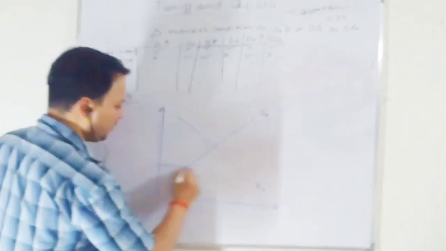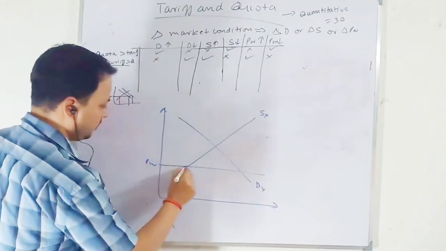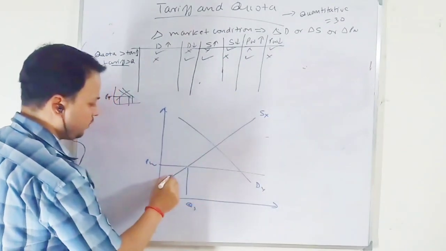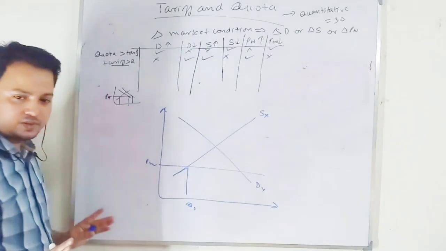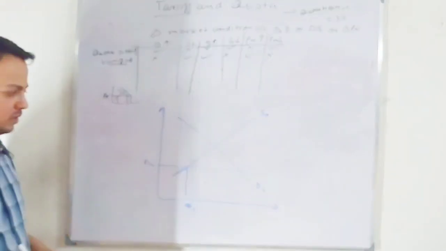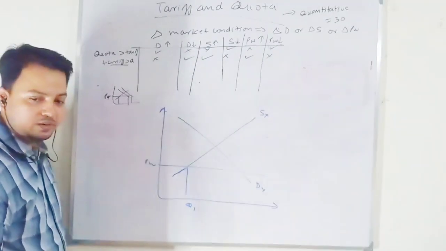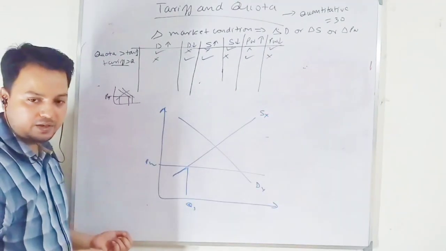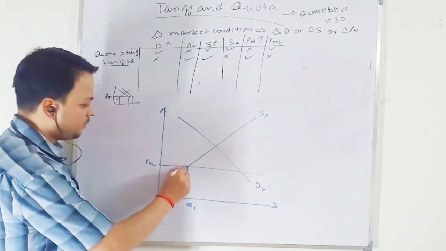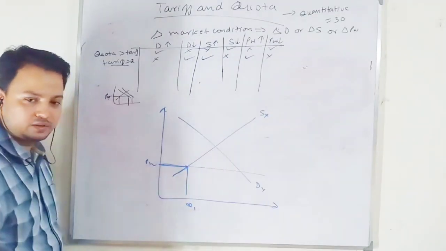At this price, all these producers are efficient, they are able to compete in the market. But there are other sunrise industries that want to participate in the economy, but at this price they are not able to compete.